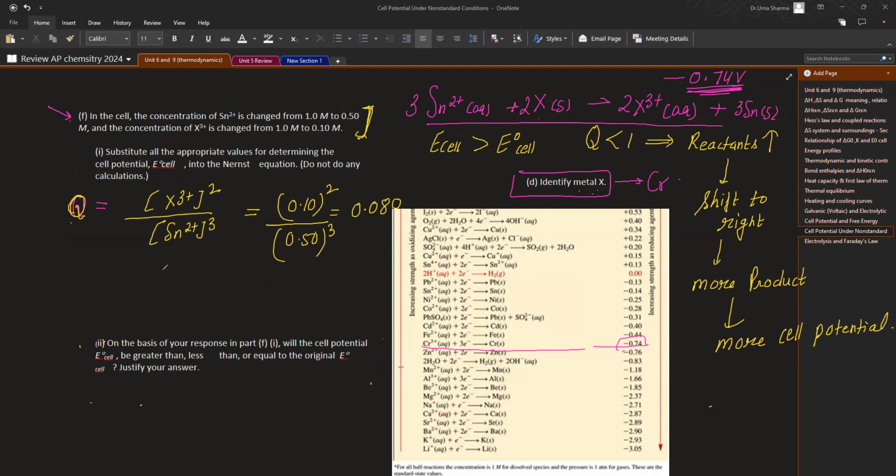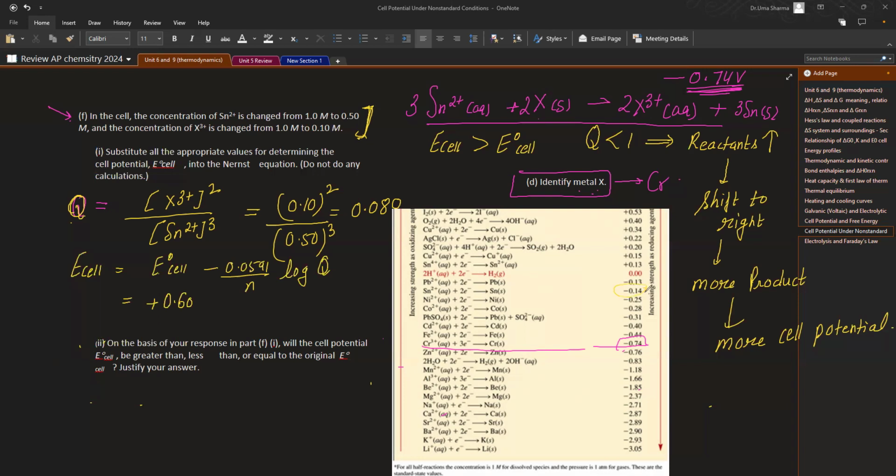Means you write the Nernst equation: E cell equals E naught cell minus 0.0591 over n log Q. They are asking you to plug in the values. That's it. So what is E naught cell? Plus 0.60. It was given to us. You can calculate also. One element is tin.